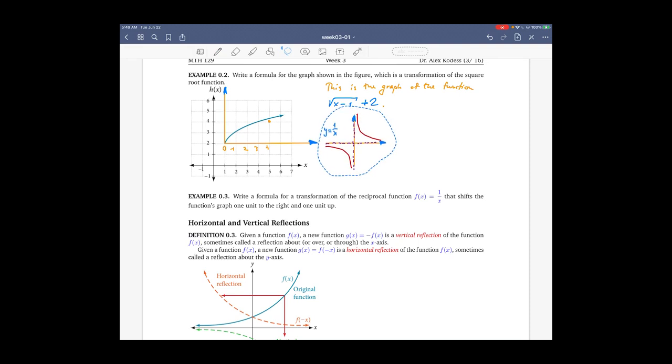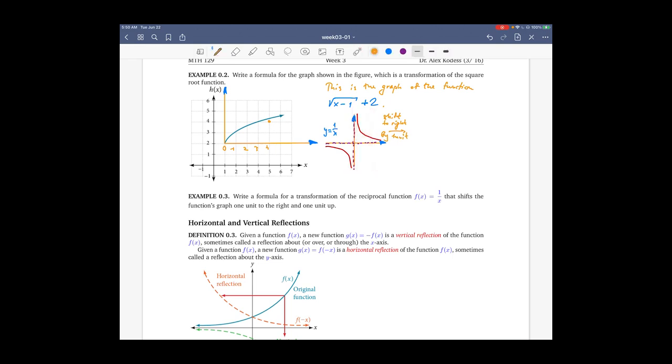Let's apply the moving to the right transformation. When we move this 1 unit to the right, this will also move the vertical asymptote 1 unit to the right.